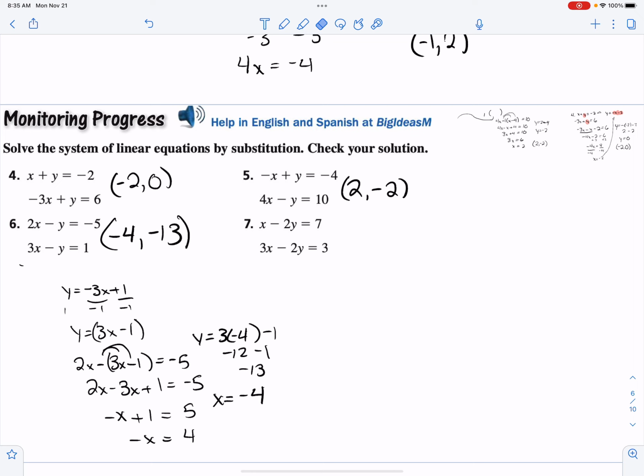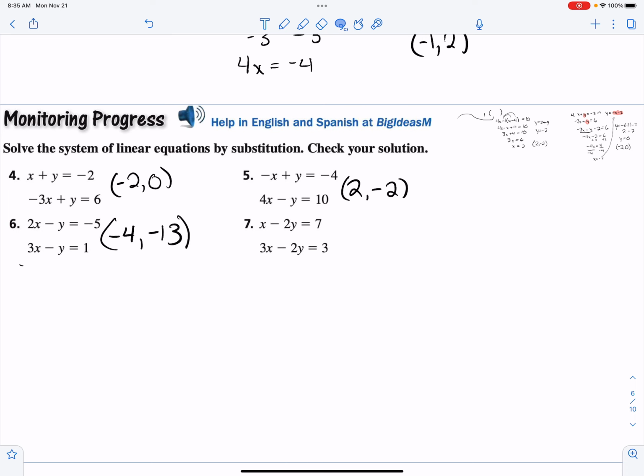For the sake of space and time, I'm going to go ahead and erase this. I'm going to go ahead and isolate this x. So x equals 2y plus 7. I'm going to plug this in right here. 3 parentheses 2y plus 7.